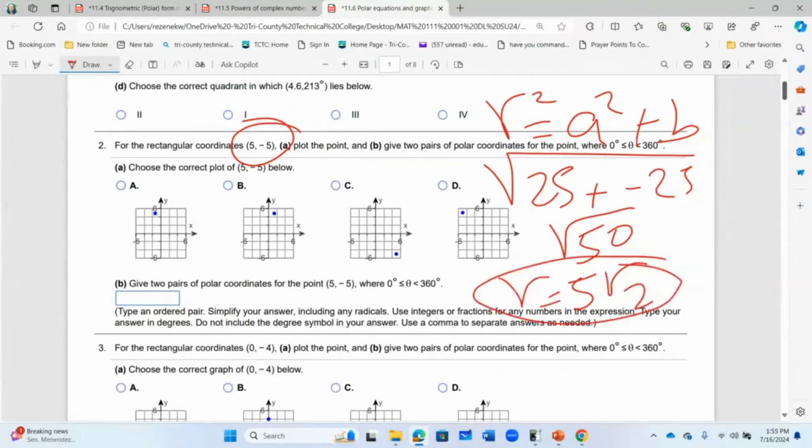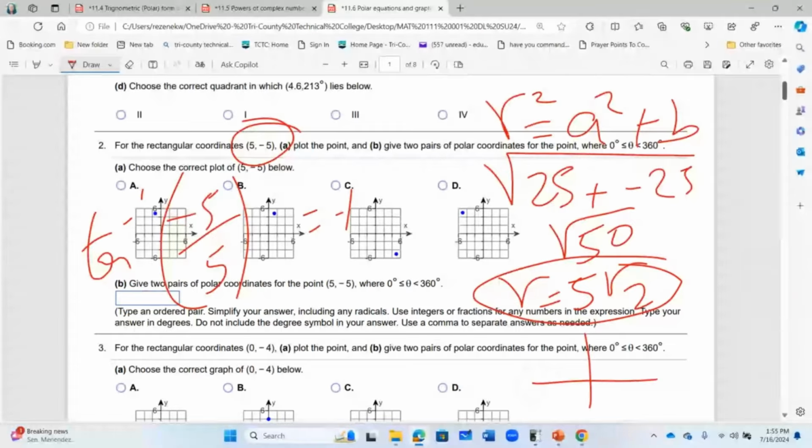Then we want to find the angle. What is tan inverse of -5 over 5? The tan inverse of -5 over 5 is -1, and that angle is in the fourth quadrant. Tangent is negative in the fourth quadrant, so we are looking for an angle in the positive direction that stops here.